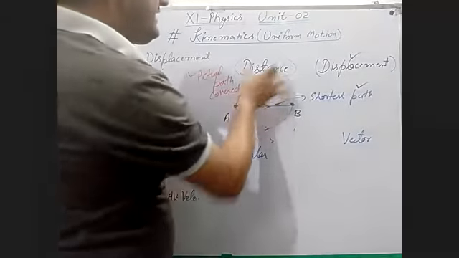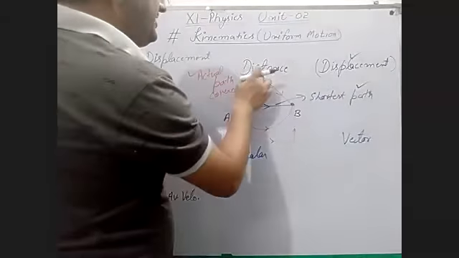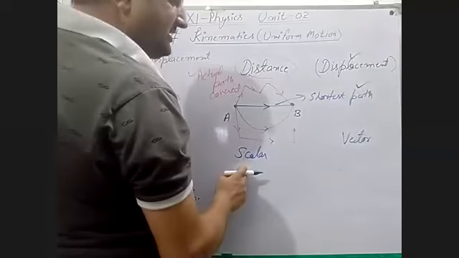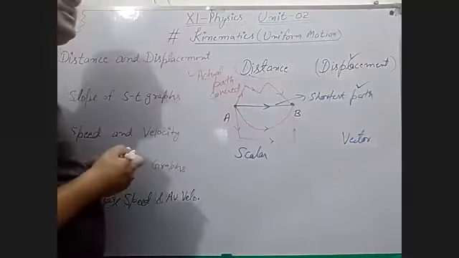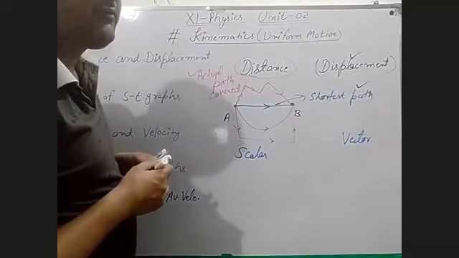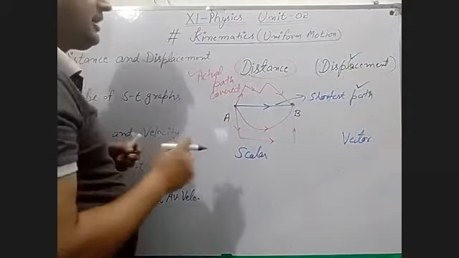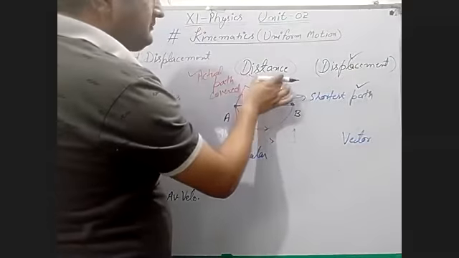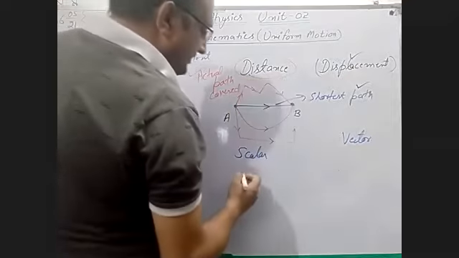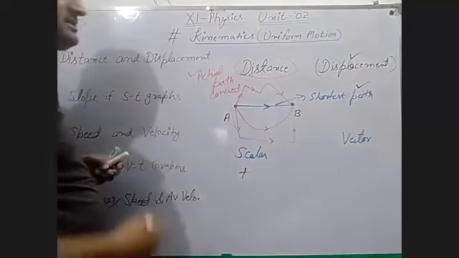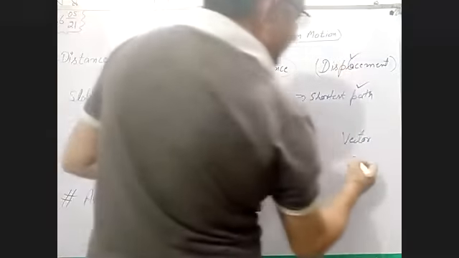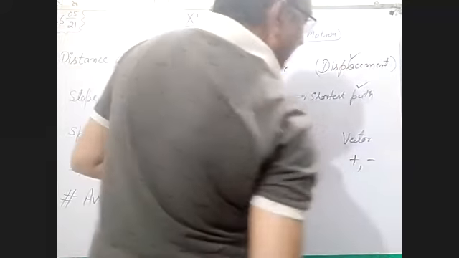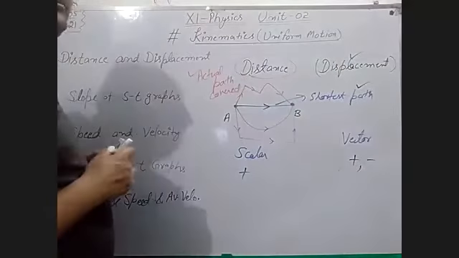So in this way, distance has no particular direction. That's why this is a scalar quantity. Displacement has a particular direction, so this is a vector quantity. Distance is always positive, but displacement can be positive or negative.